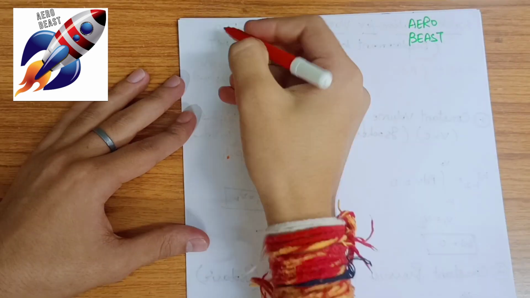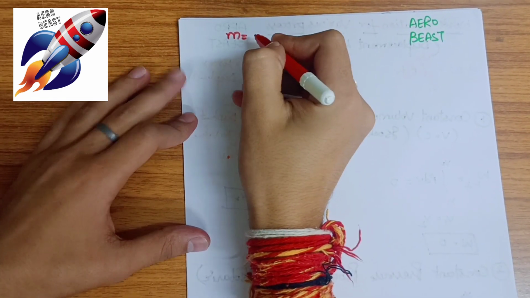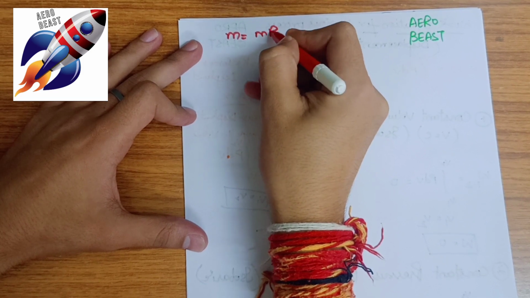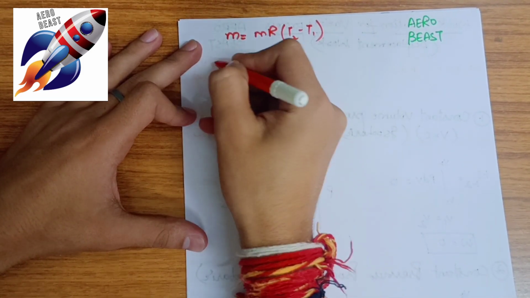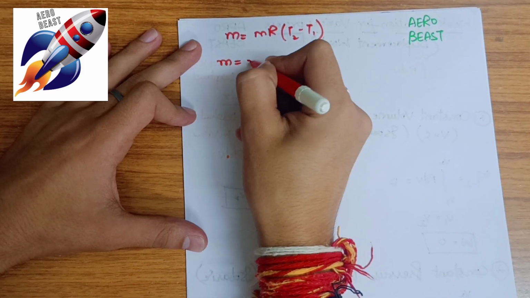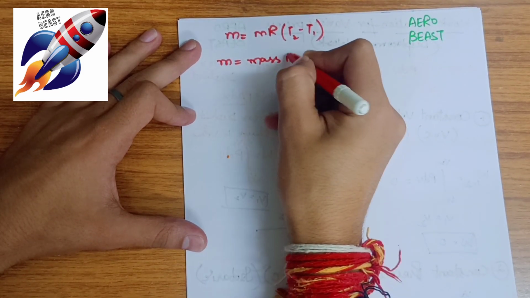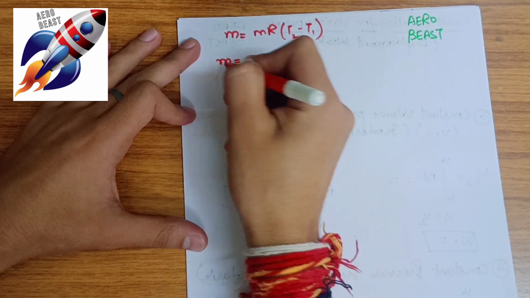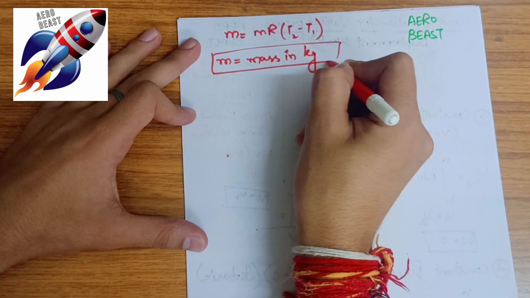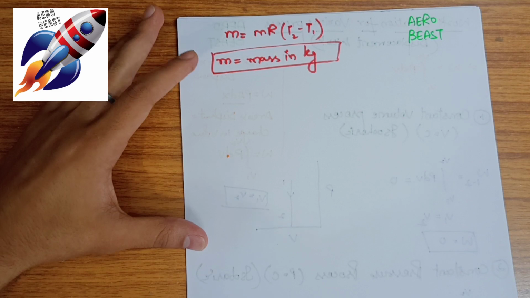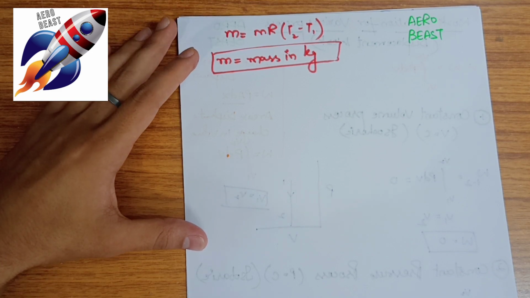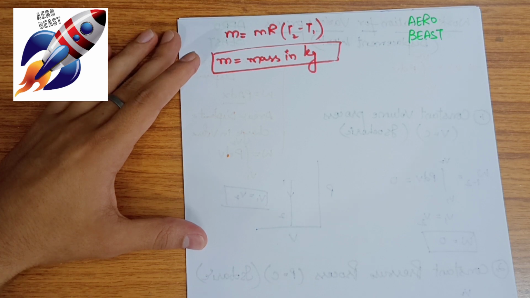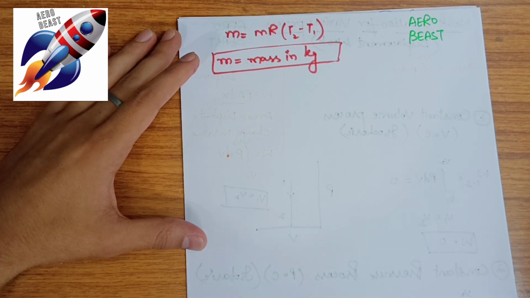Therefore W is equal to mR (T2 minus T1). Here m is equal to mass in kg. This is the constant pressure process. So the third one is the constant temperature process.